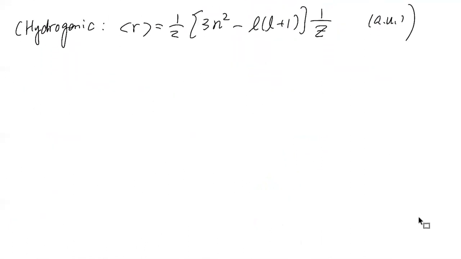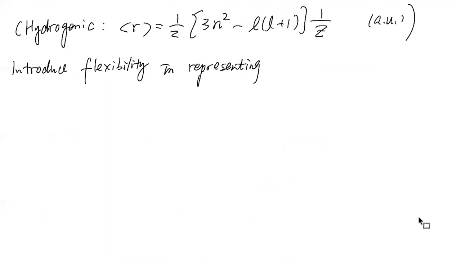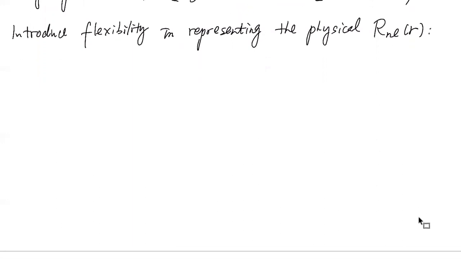Another way to say this is you should introduce flexibility in representing the physical radial solution. How to do this?